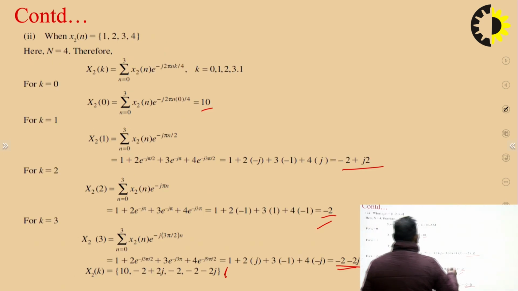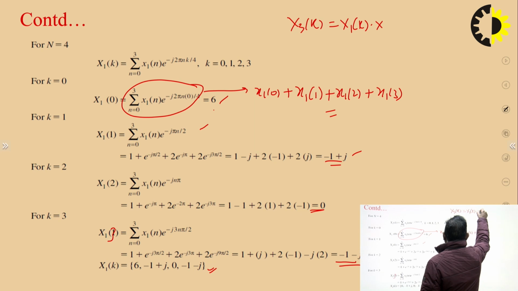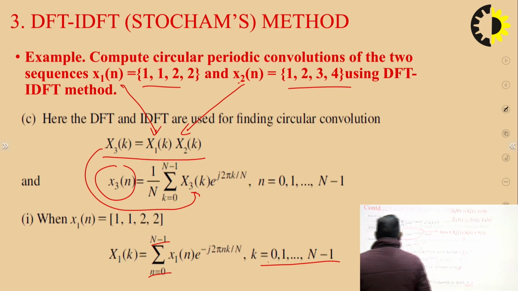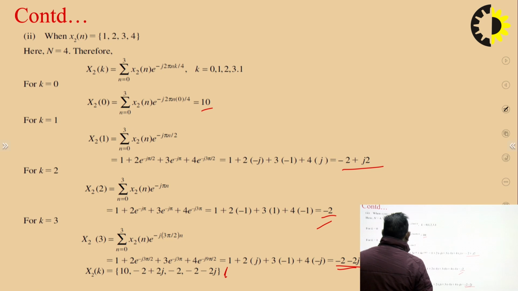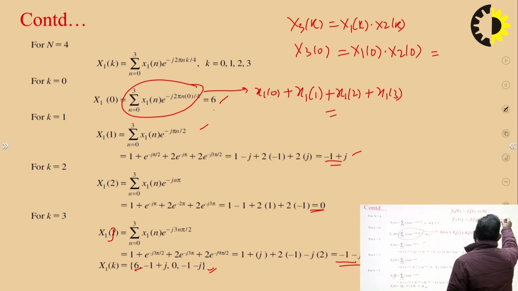So what we have to simply check is, when you put k equals 0, X3(0) will become X1(0) into X2(0). You have already found the value of X1(0), which is 6, and what is the value of X2(0)? It is 10. So the first value will become 6 into 10, that is 60.